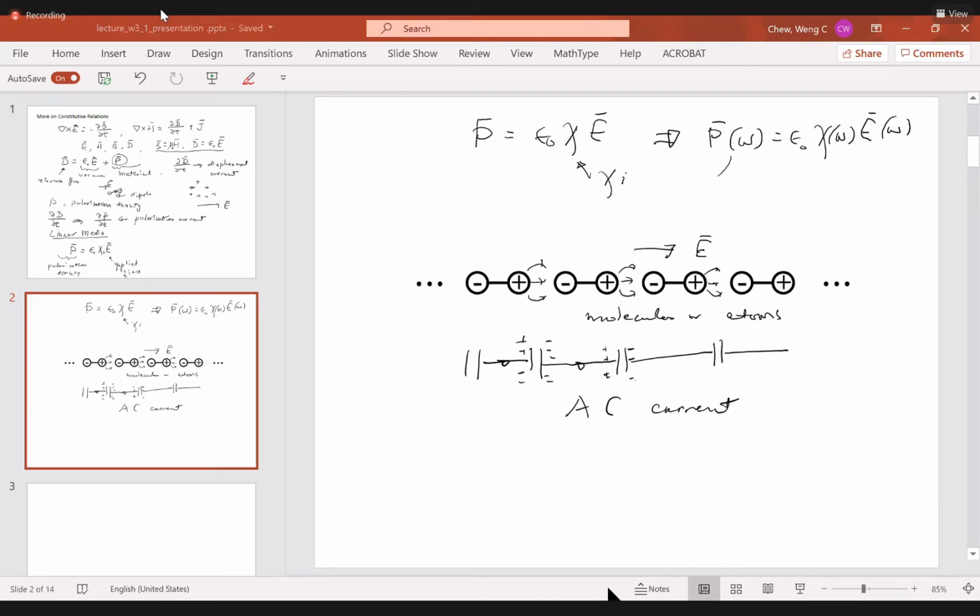This could be a function of r. And then we can actually convert this back to the time domain if we want to. And in the time domain, this will be omega t. And on the right-hand side, we will have the convolution of the time domain version of this with the electric field.